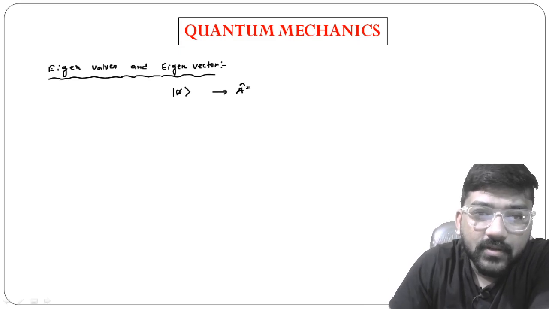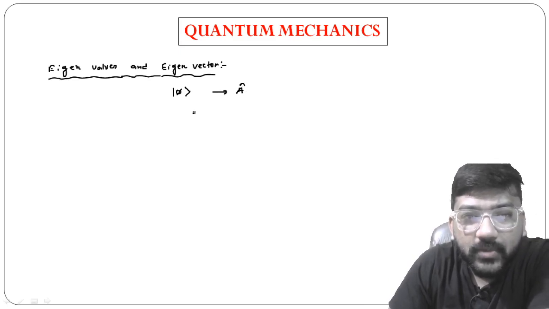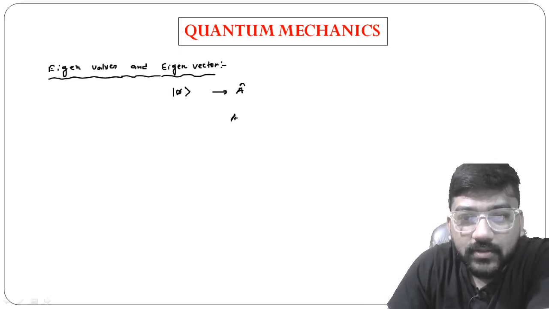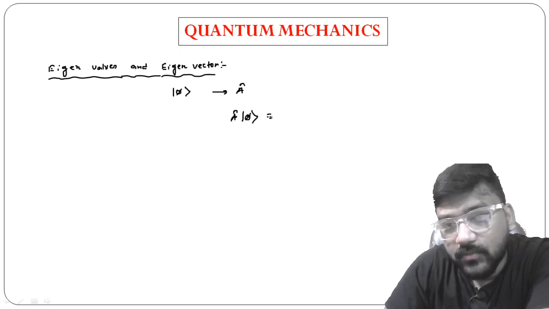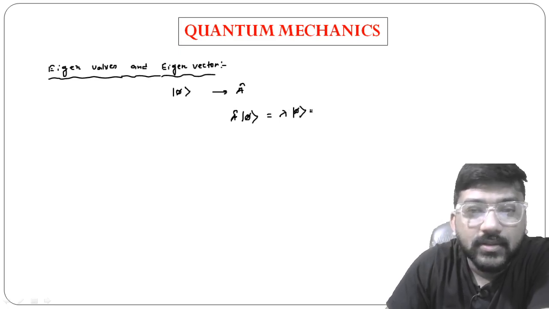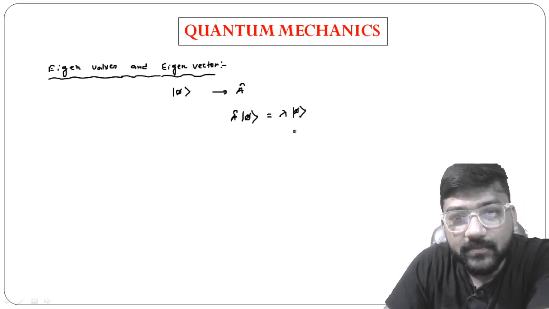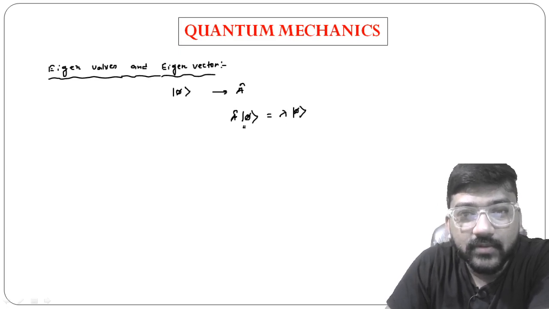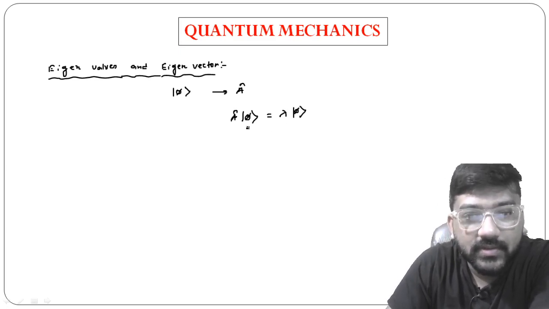Now, if the application of A cap on phi, that is A cap phi, gives you lambda phi, then this equation is called the eigenvalue equation, where lambda is the eigenvalue and phi is the eigenvector, or the eigenfunction.